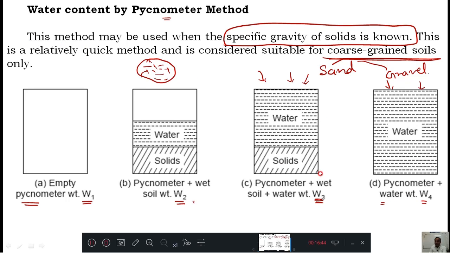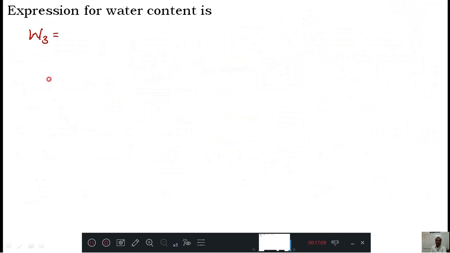What is there in W3? The solids are there. I need to remove the solids, and in the place of solids put some amount of water, then you will get this diagram, correct? Remove the solids and put water in that place, then you will get this diagram. Therefore, we'll write like this.